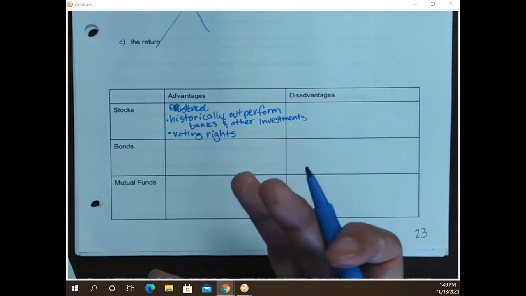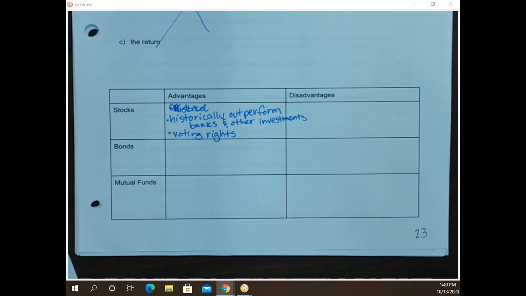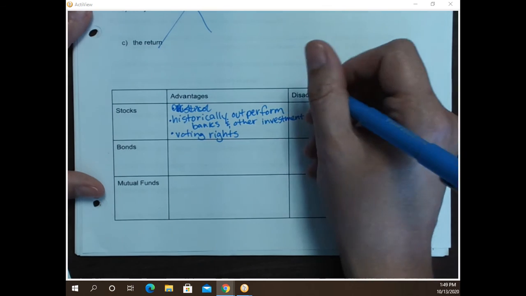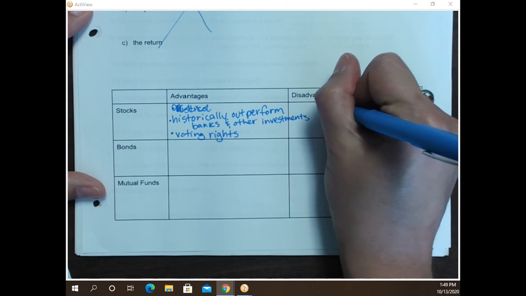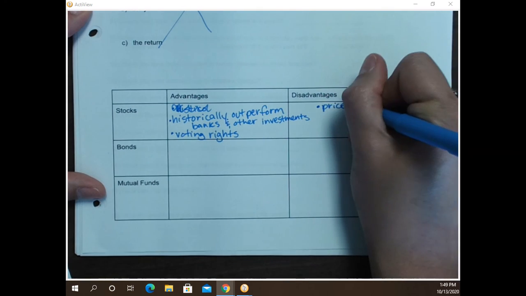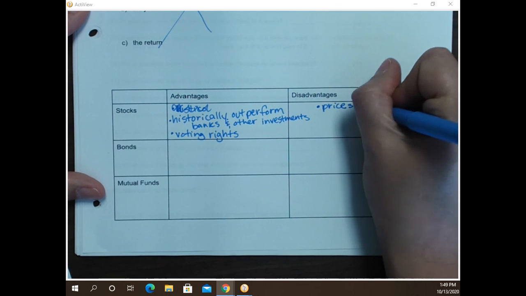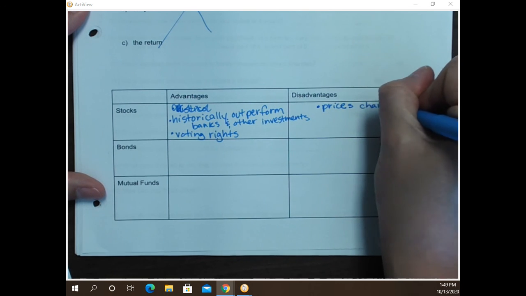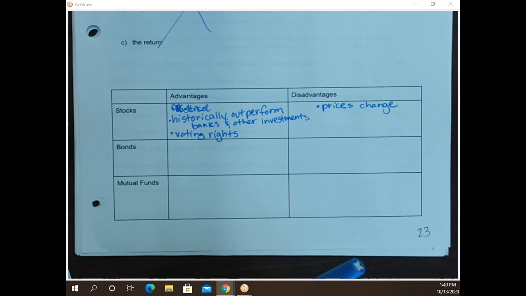Disadvantages tend to be the things that we learn about in history class when we study the 20s, right? So for stocks, those prices change, they fluctuate. This week, this stock is a little more expensive or a little less expensive.